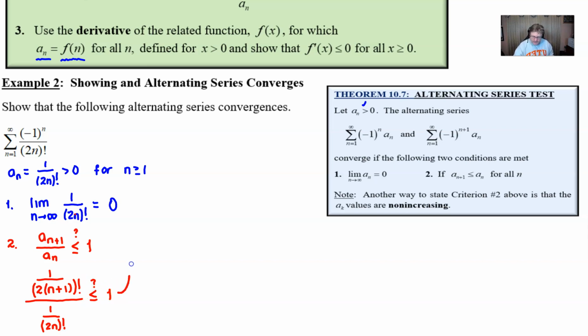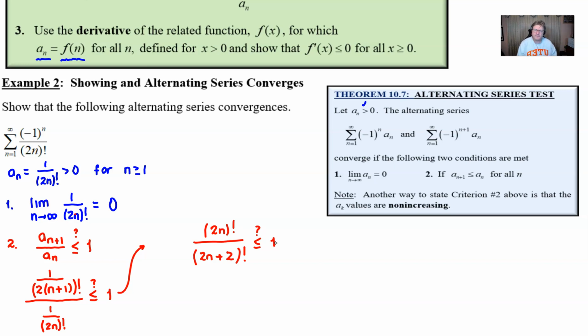All right, I'm going to actually come up and work in this space. Let's go ahead and multiply by our reciprocal, which is going to give us quantity 2n factorial over quantity, and I say that we go ahead and distribute our 2. So we would have a 2n plus 2 here with our factorial. And we're still questioning, is this less than or equal to 1?